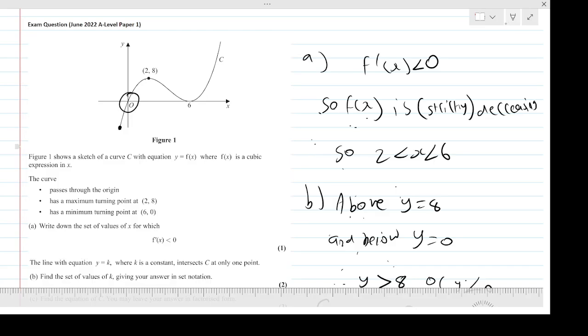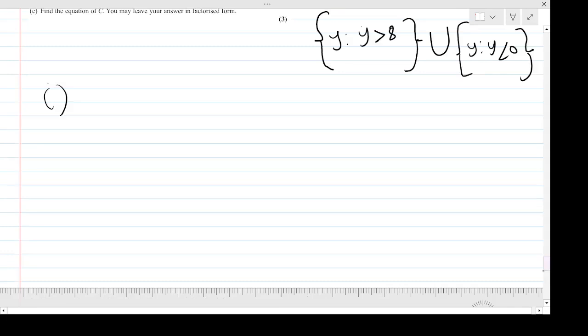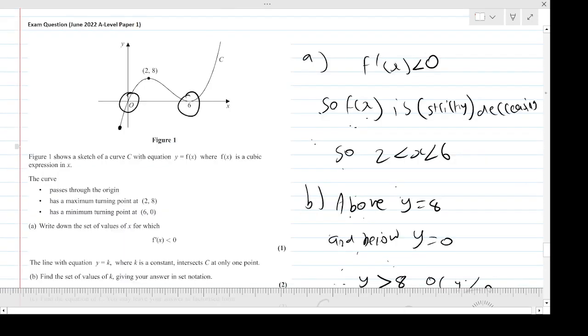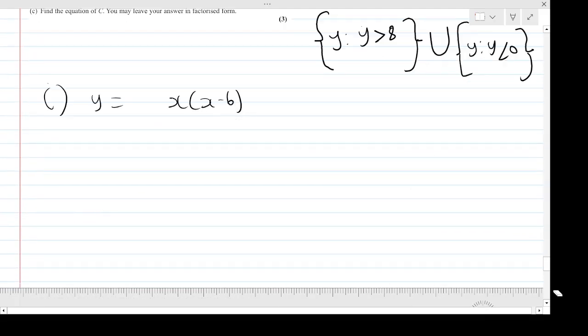I know the roots are at 0 and 6. So if I use factor theorem, I'm basically saying y is going to equal x, and then my other factor is x minus 6, right? Because remember, my two roots are x is 0, x is 6. So if they're my roots, then my factors are x and x minus 6.